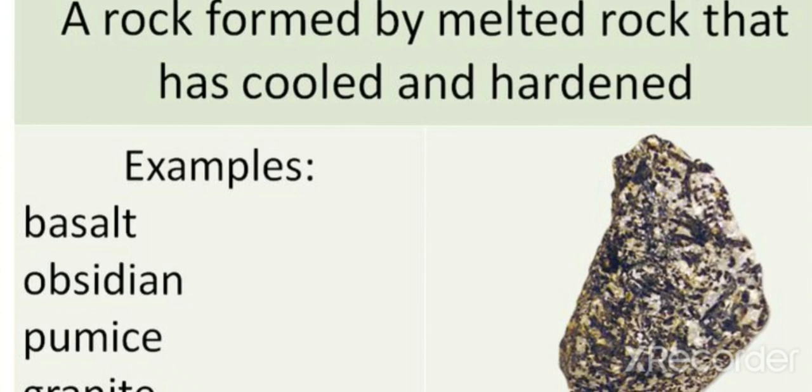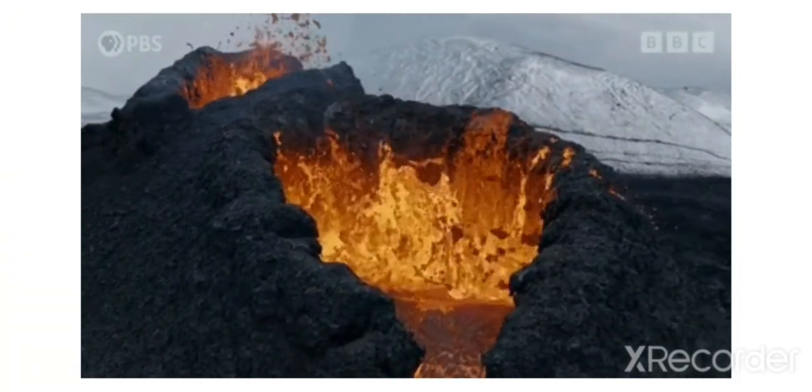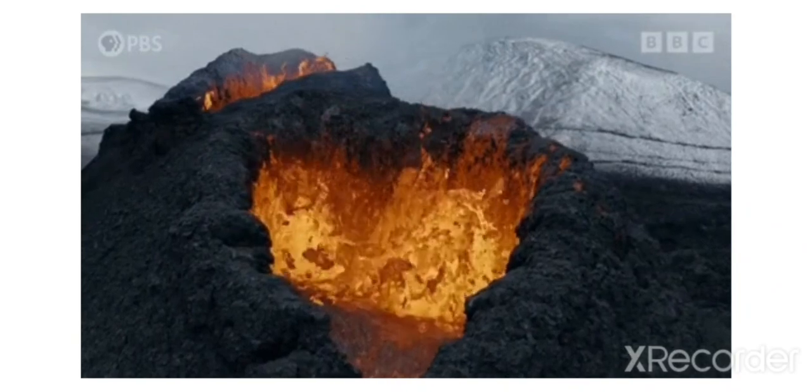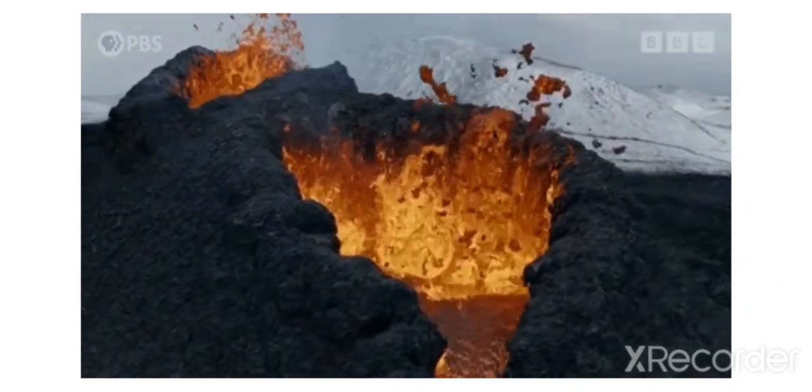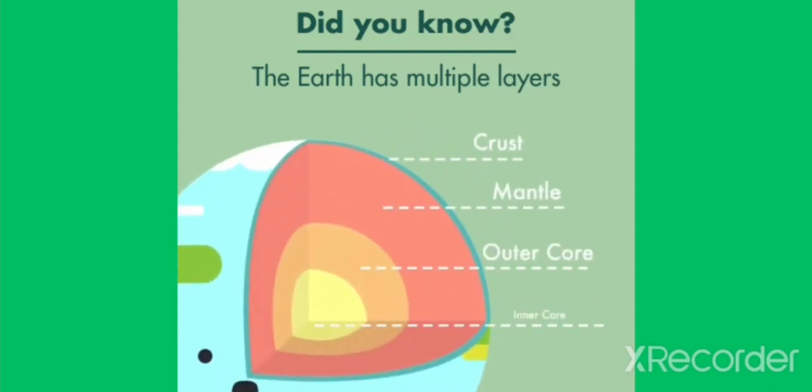So igneous rock is a rock that is formed by molten or melted rock that has cooled down and become hardened. Igneous rock are formed from melted rock called magma that becomes cool and hardened. How is this magma formed?